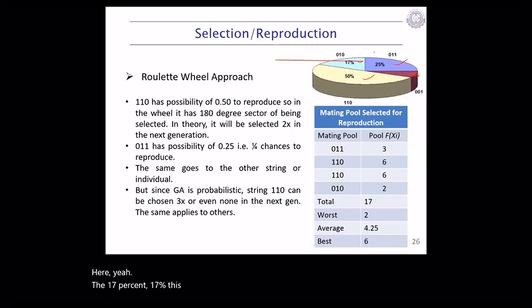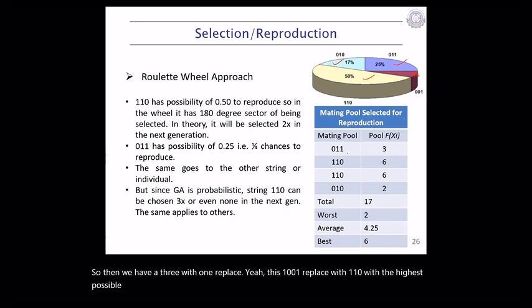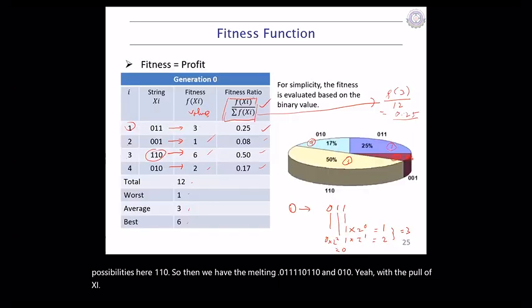So we select only 3, depending on the possibility. Then we remove 1, since it is very low in terms of possibility. So we replace 001 with 110, with the highest possibility. So then we have the mating pool 011, 110, 110, and 010, with the pool of xi according to this number.